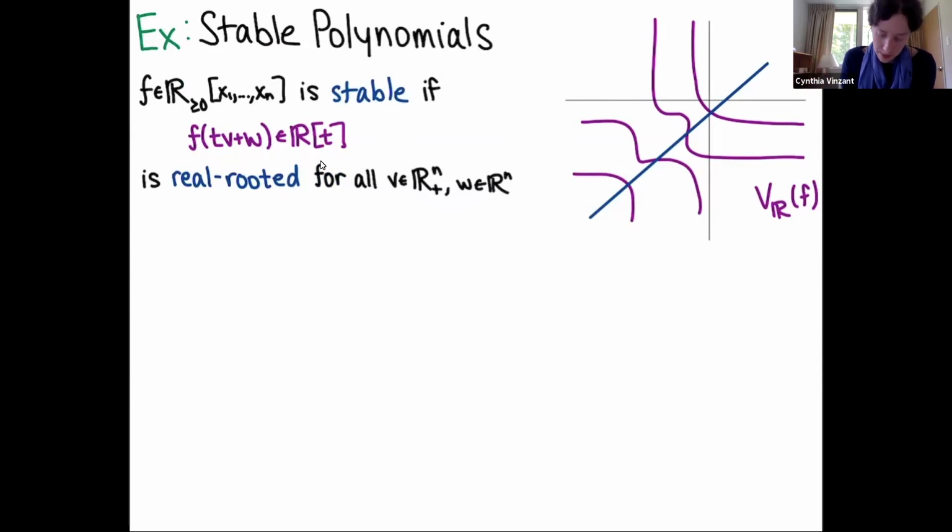I'll always take it to have real non-negative coefficients, and it's stable if, whenever I restrict to a line in the direction of the positive orthant, through any point I like, I will always get a univariate real-rooted polynomial.